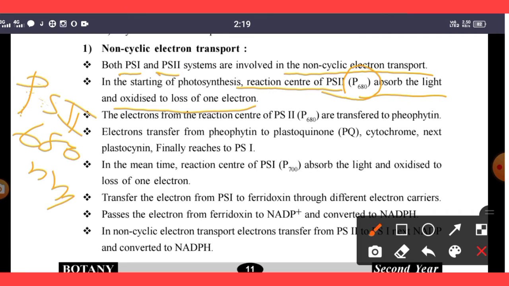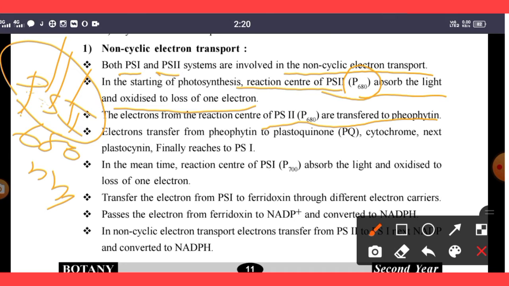The chlorophyll present in photosystem 2 gets oxidized when it receives the light. Now these electrons from the reaction center of PS2 are transferred to pheophytin.